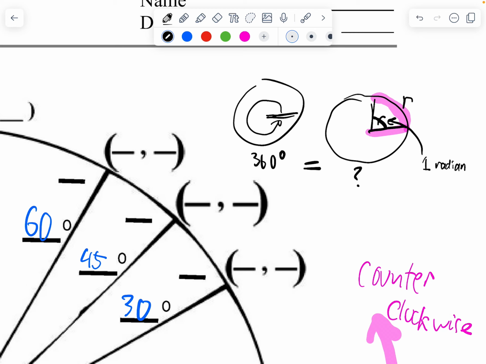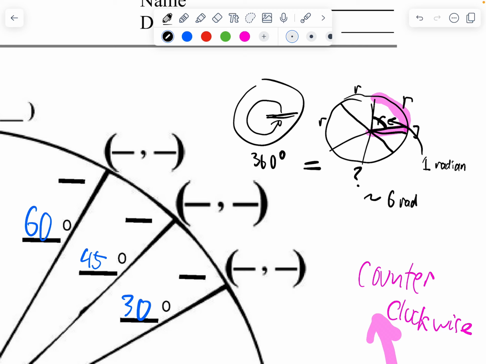That's our question. Well, if I were to kind of draw this out and guess, so that's 1 radian, there's another radian, 2 radians, 3 radians, right? If I were just to estimate 4 radians, 5 radians, 6 radians. So it's about 6, but you know, my circle's not great. But turns out there's about 6 radians and a little bit more.